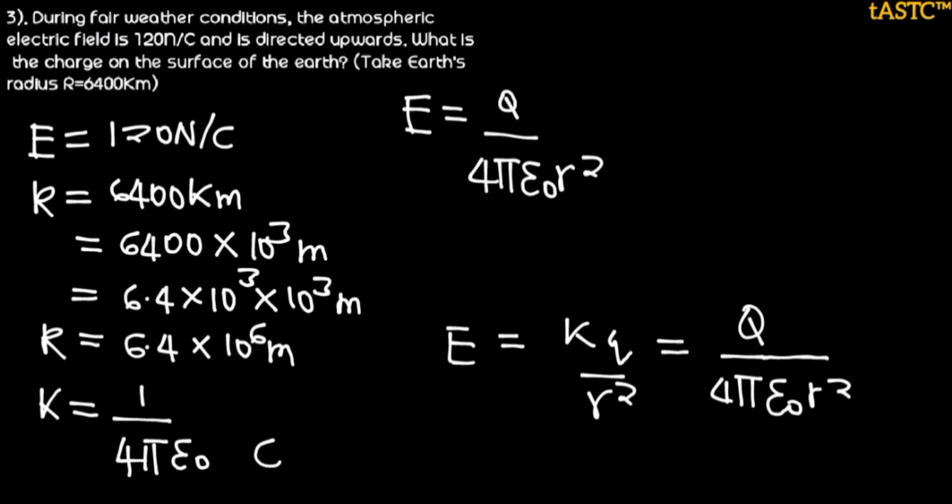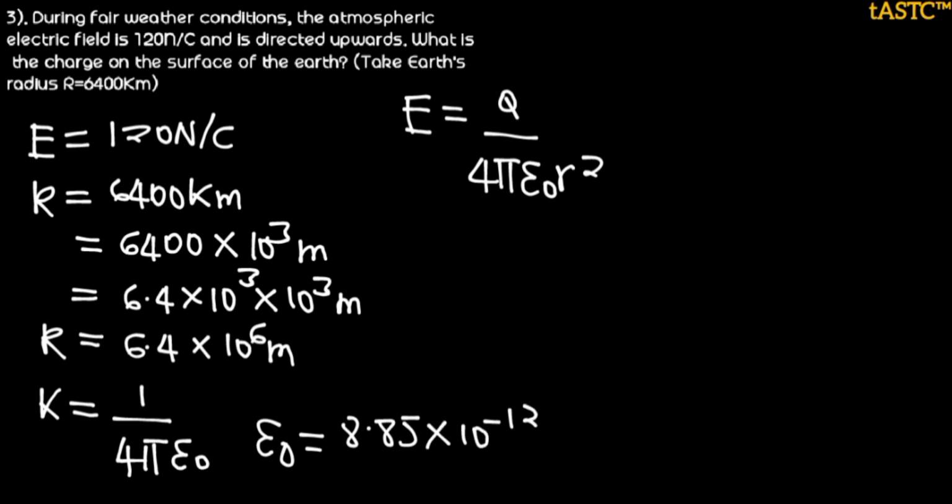Now what is epsilon naught? Epsilon naught is the permittivity of free space, and that is basically given as 8.85 multiplied by 10 to the negative 12. So remember this value for the permittivity of free space. So from here we can see that Q will be equal to 4 pi epsilon naught R squared multiplied by E.